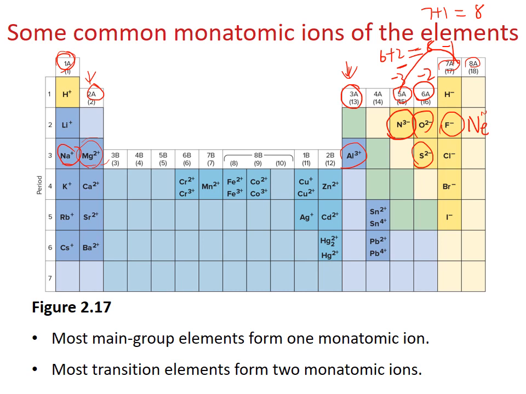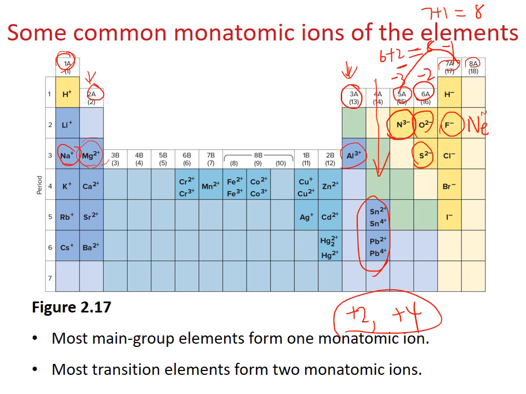Now the group 4, as we showed before, is the boundary, so it can lose or gain. Now here we show that these are metals, tin and lead. They have variable charge. Okay, the variable charge has 2 possibilities. One is 2+, one is 4+.